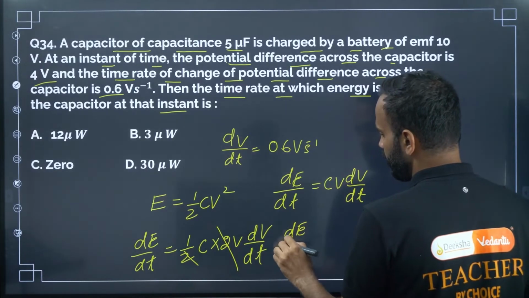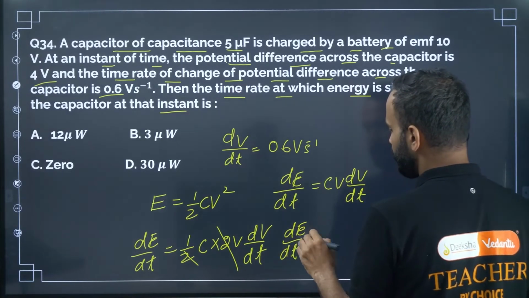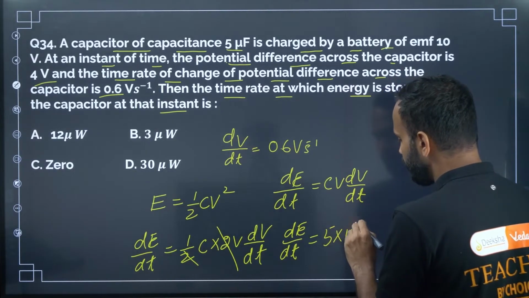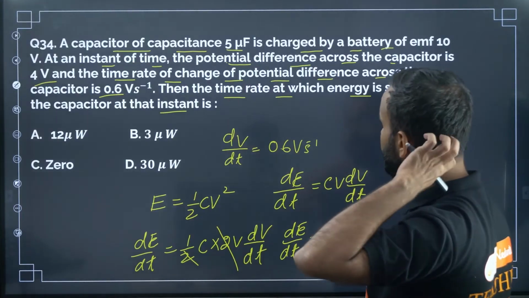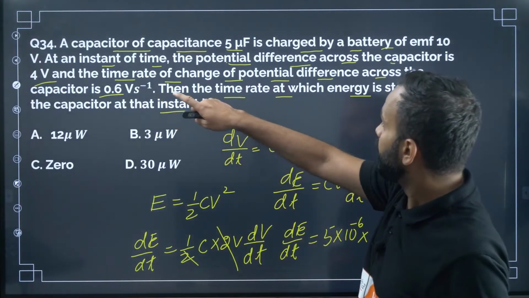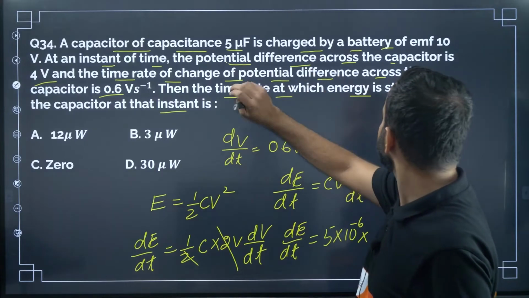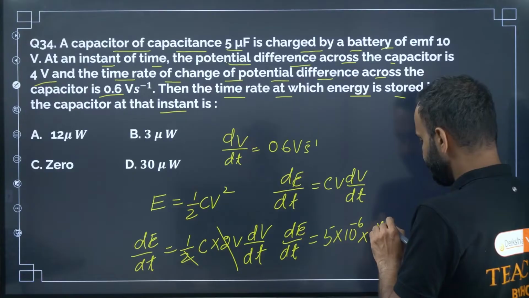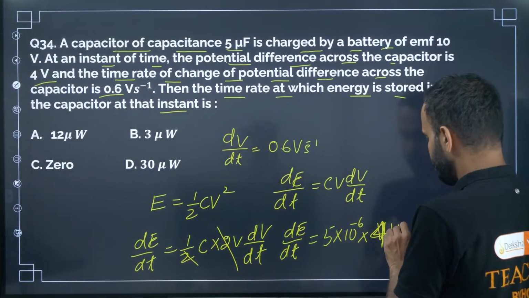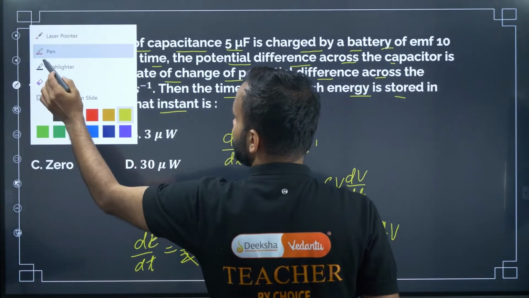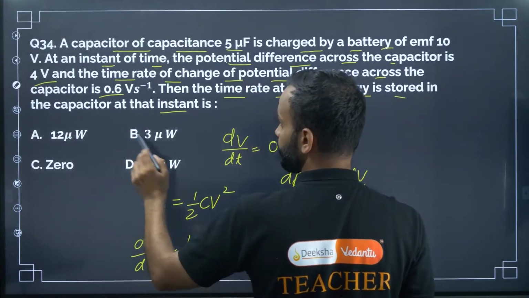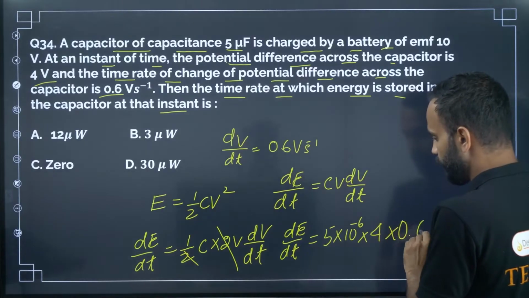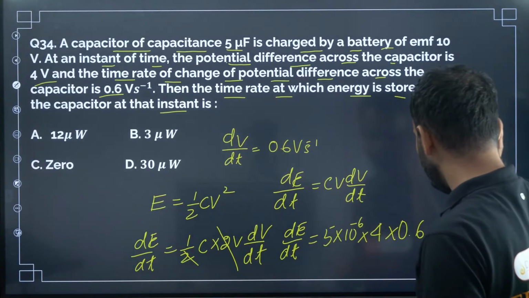Now the rate at which energy is stored in the capacitor, dE by dt, equal to C is 5 microfarad. So 5 into 10 to the power minus 6 into V. V is 4 volt. Here at an instant of time, the potential difference across the capacitor is 4 volt. Okay. So V is 4 volt, into dV by dt, and dV by dt is 0.6, right?